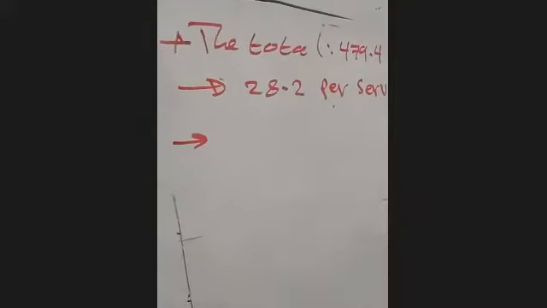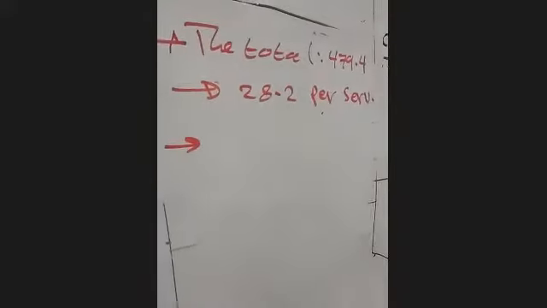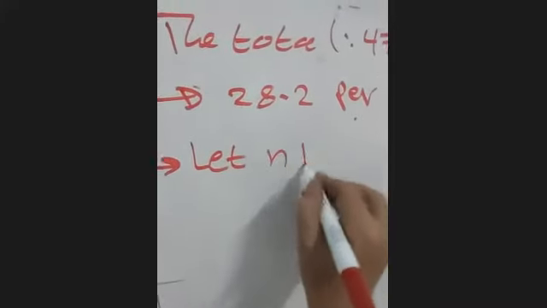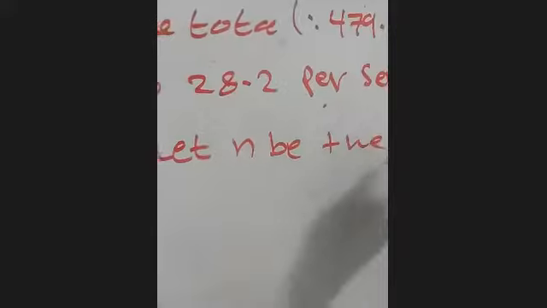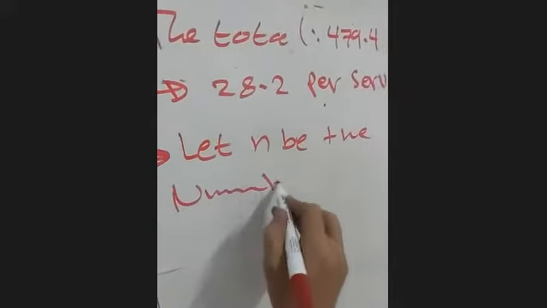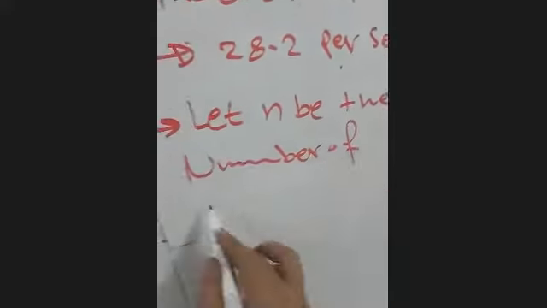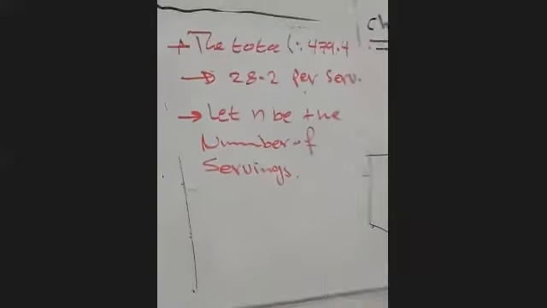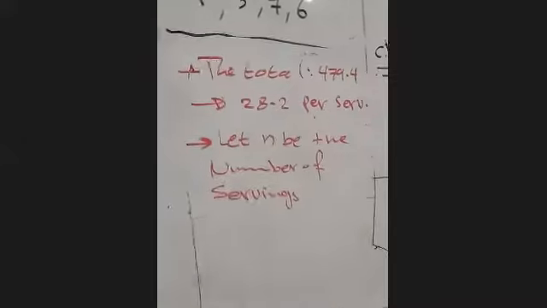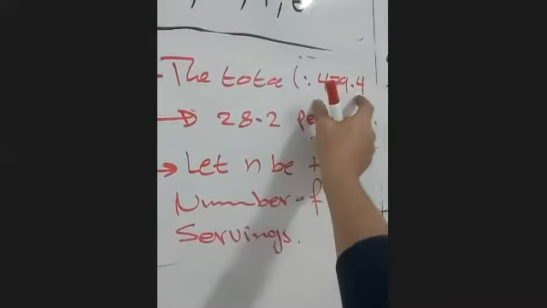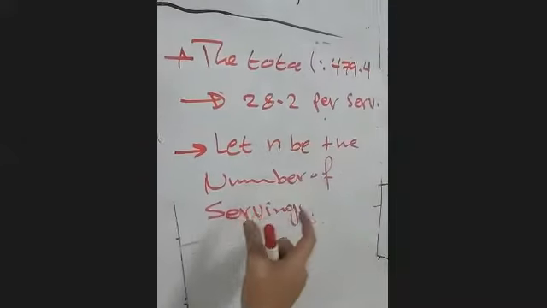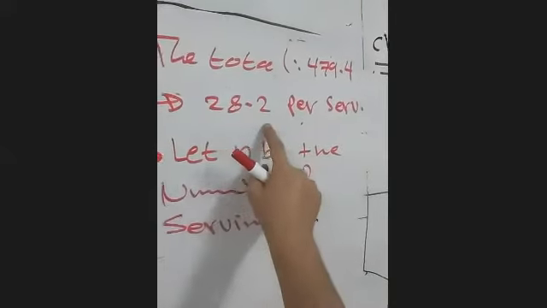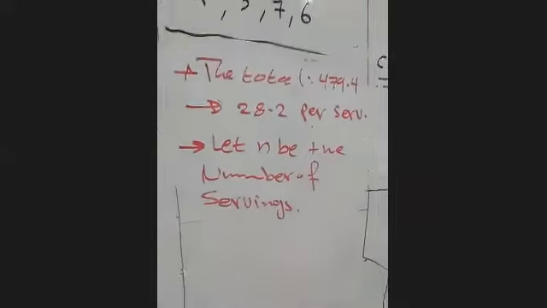This is the unknown, right? Yes. So let n be the number of servings, right? Yes. So this is the total. If we divide it into the number of servings, it will be 28.2 per one serving, right? For each serving, right?